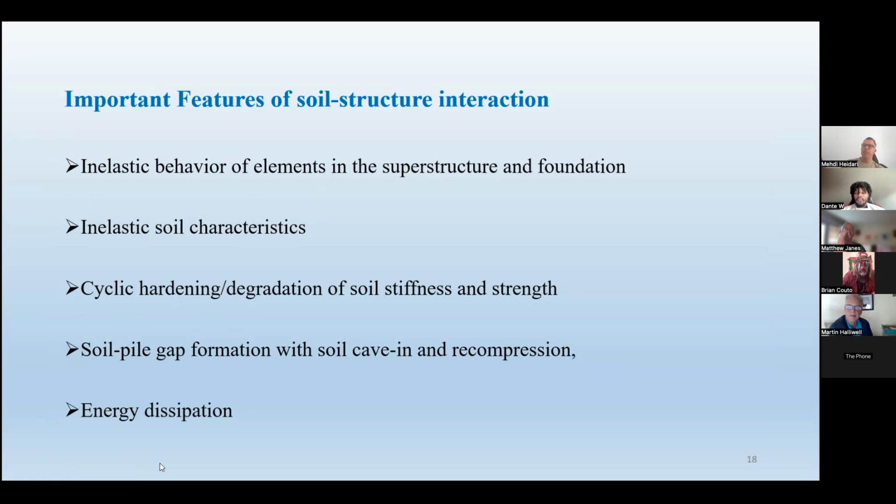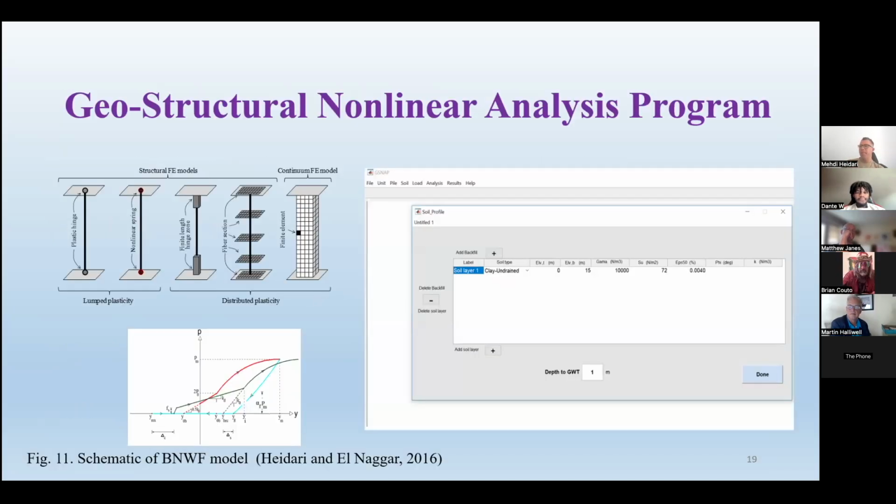So we have these parameters, as you can see. Soil pile gap was one of the factors. Cyclic degradation, hardening. Initially that was part of the GeoSnap tool, for which I initially used MATLAB.